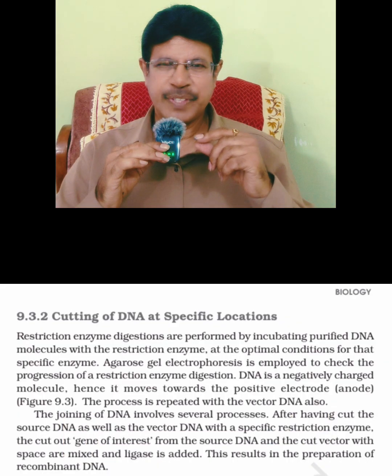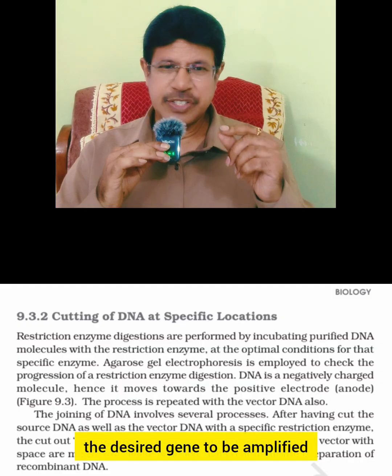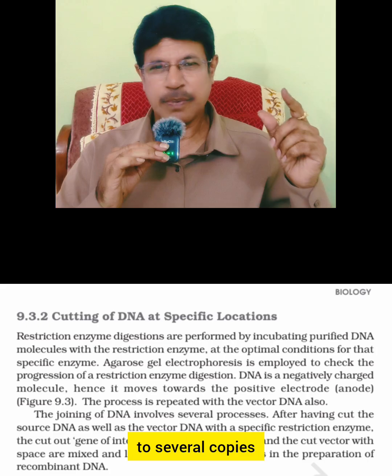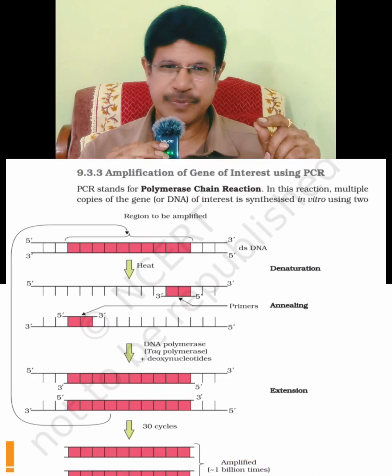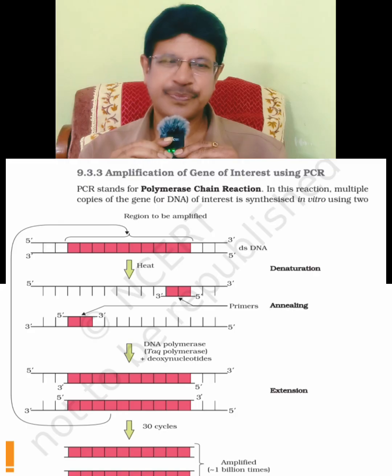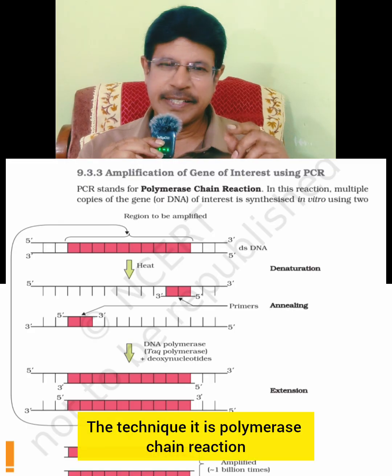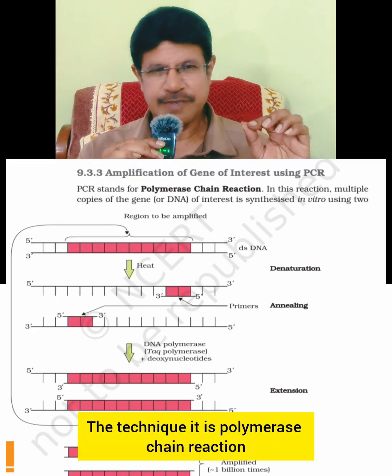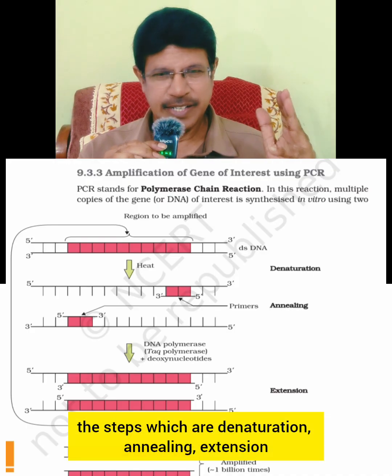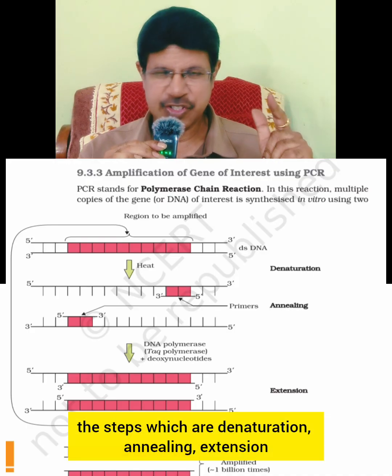In the next step, the desired gene is to be amplified to several copies, several billions of copies. It may be done with the source as well as the vector. The technique is polymerase chain reaction. In polymerase chain reaction, the steps are denaturation, annealing, extension.